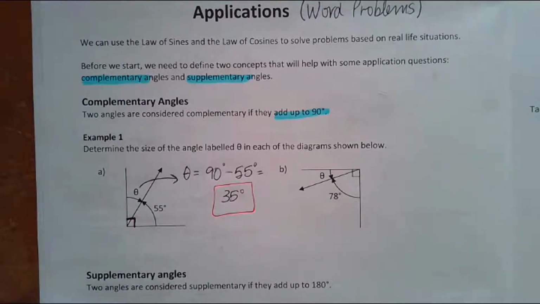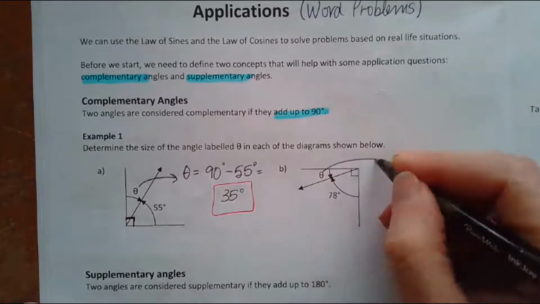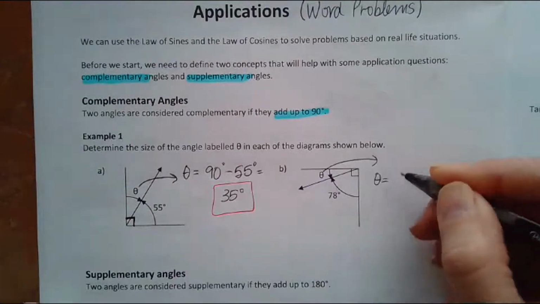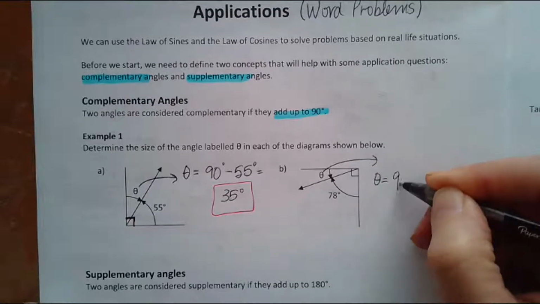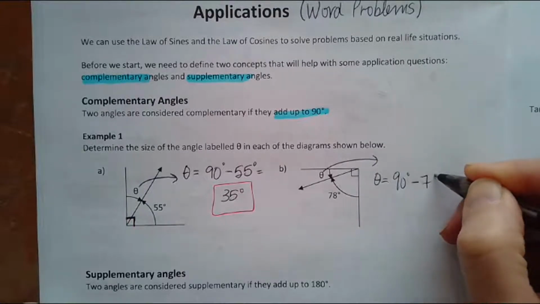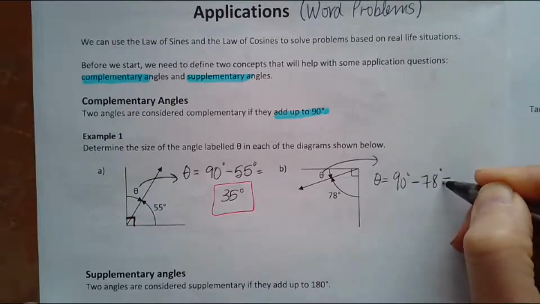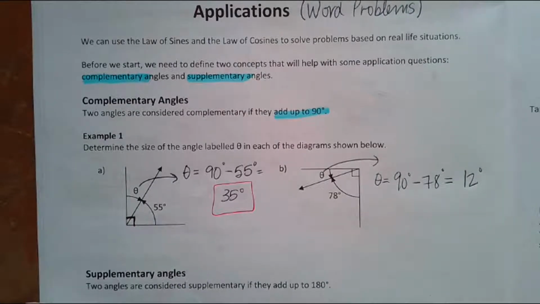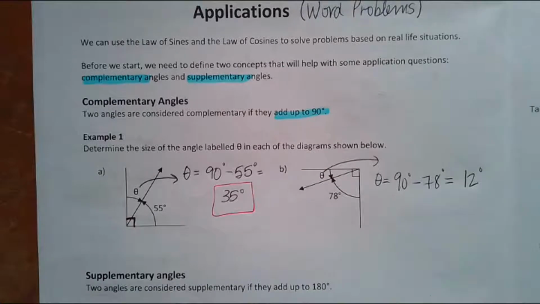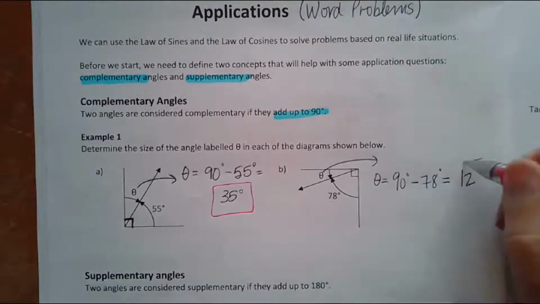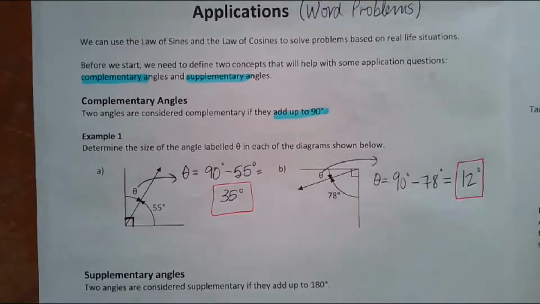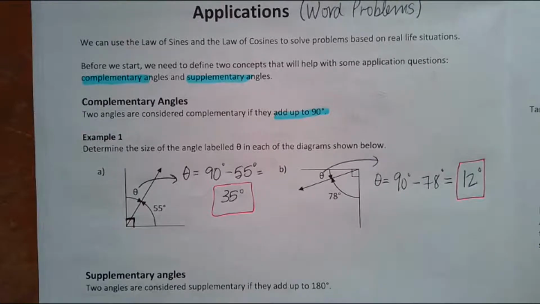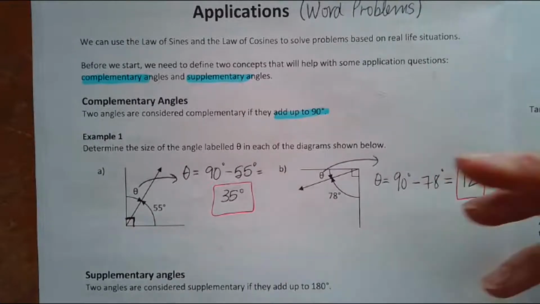In the next one, the angle is 78. Here's my box: theta is 90 take away 78, and that should give me 12 degrees. So theta equals 12 degrees. It's expected that you remember what the box means. The box means 90 degrees.